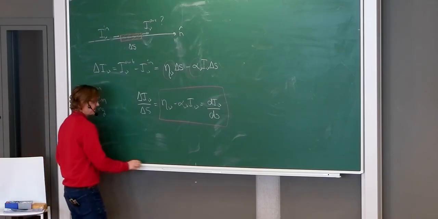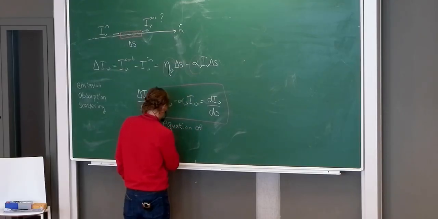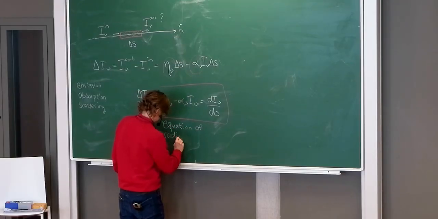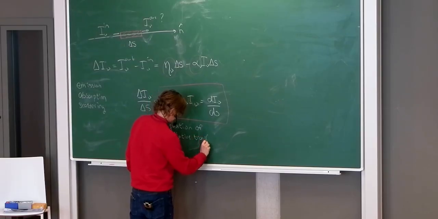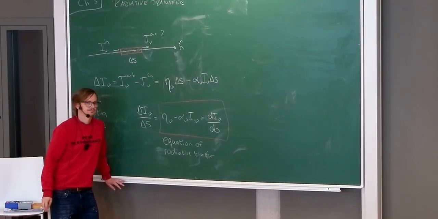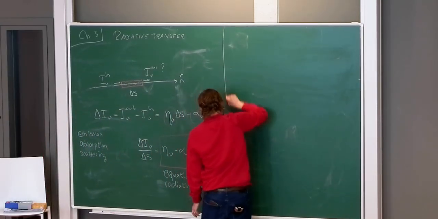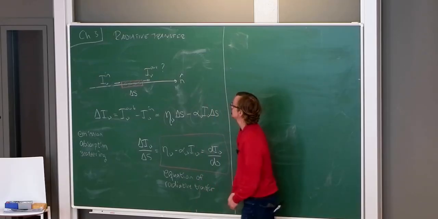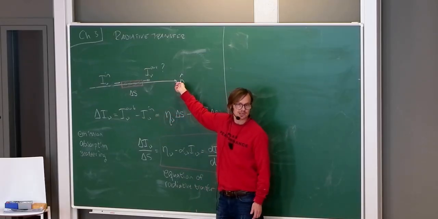And if we put this now on differential form, which I did very mathematically tackle like this, okay? Then we have the basic equation of radiative transfer. Okay? So, importantly, along a ray in the n-hat direction.